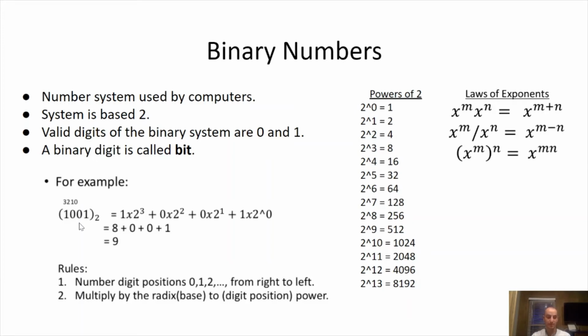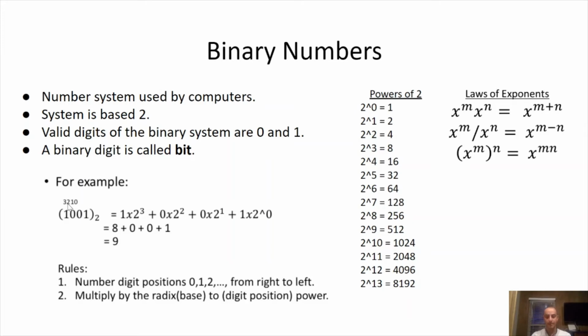Here we have an example. 1001 in base 2, we're going to convert that to our decimal system. What do we do first? We put the indexes, from the right, so this is going to be 0, 1, 2, 3. We just index them.